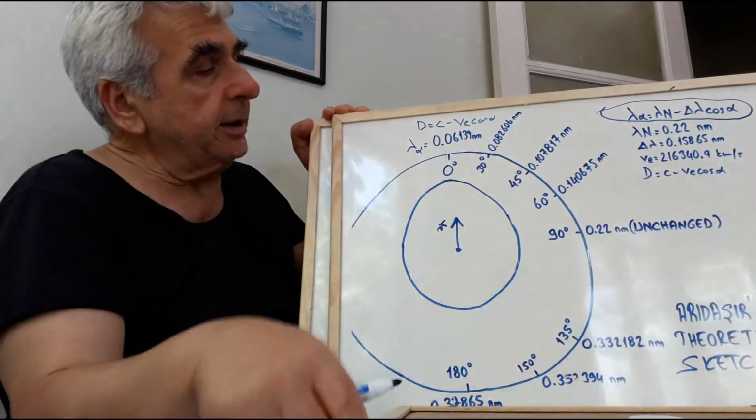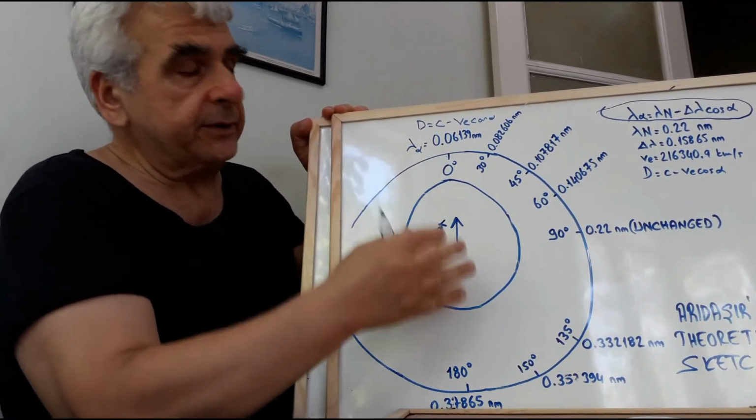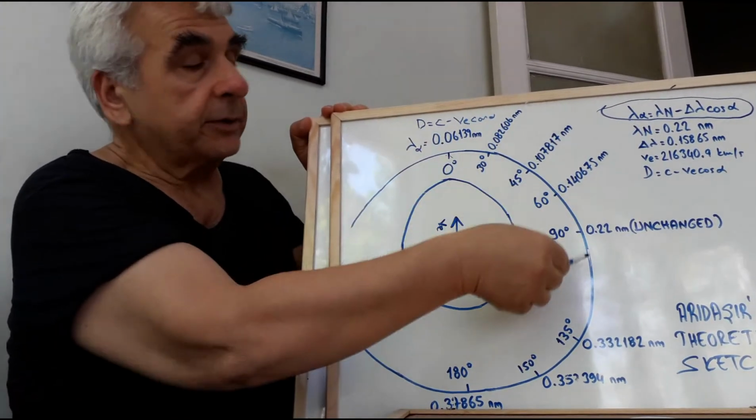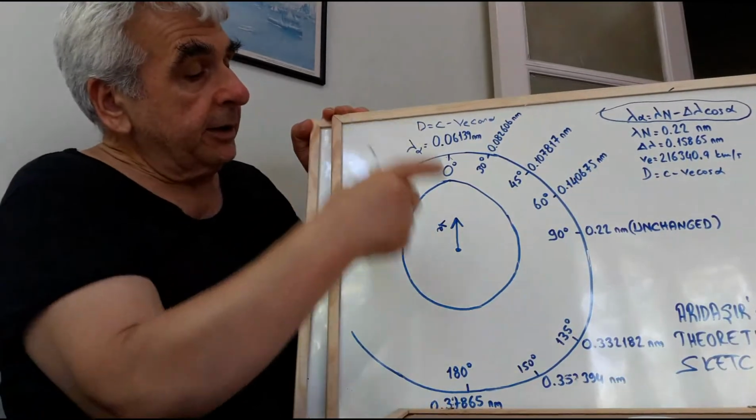Okay, if wavelength changes, here frequency doesn't change. If wavelength changes, wave velocity will change. Okay, this is the variability.